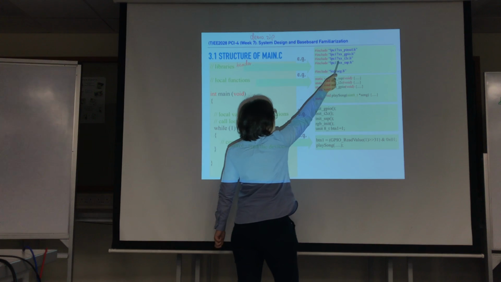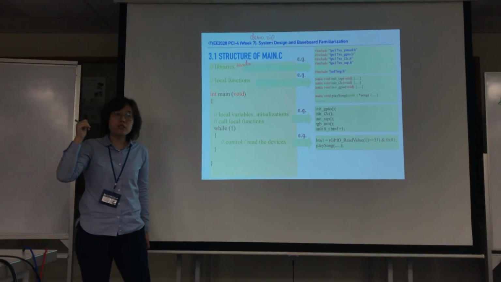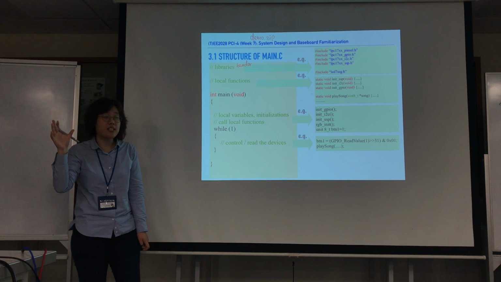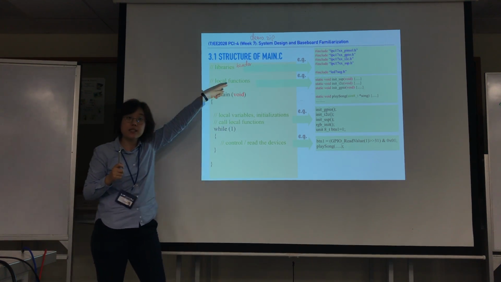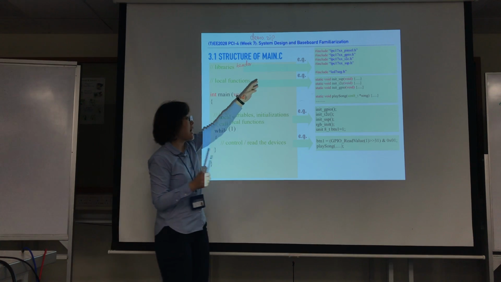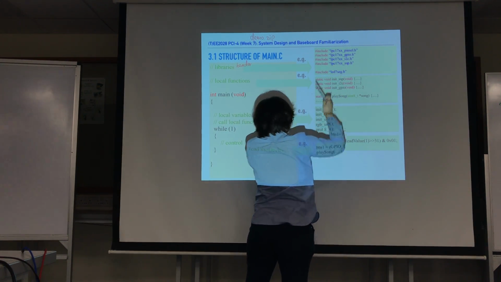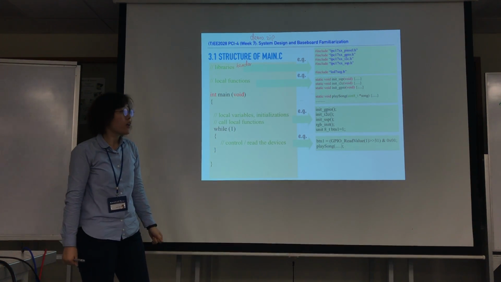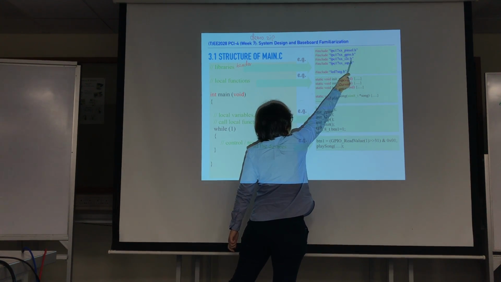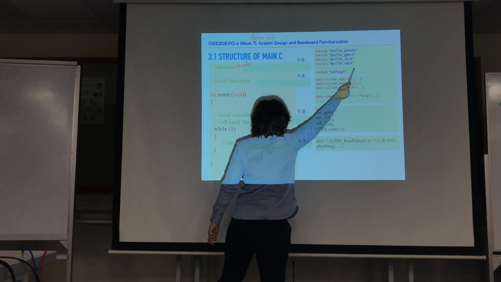We must have this because just now, remember those GPIO read value, GPIO set direction, all those functions are inside this library. Okay? To use it, you must have the library included. And later on, you definitely have I2C devices, so better have this one as well. Better have SSP as well.